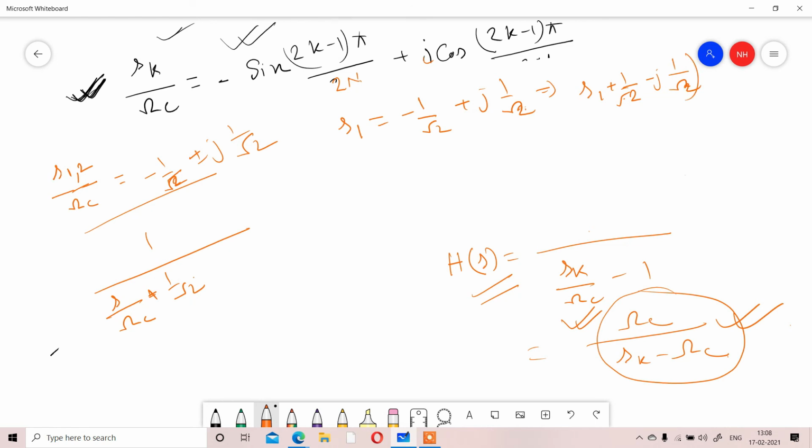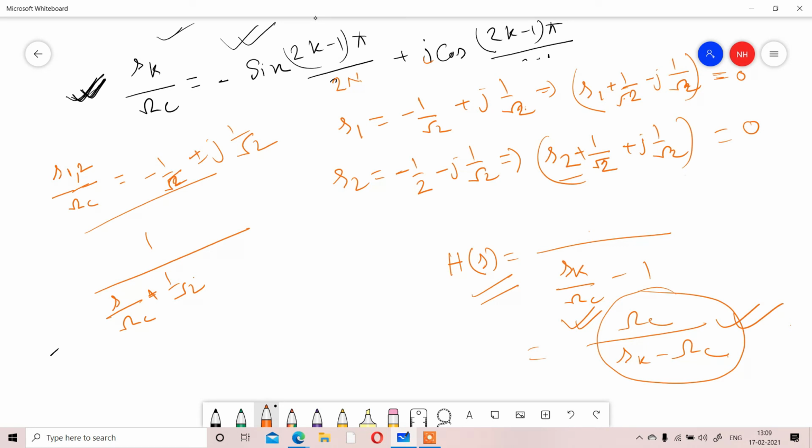That is one term of the denominator, and S_2 that you are getting by putting k value 2, n value 2 is minus 1 by root 2 minus j 1 by root 2. So that will be your second term, s plus 1 by root 2 plus j 1 by root 2.